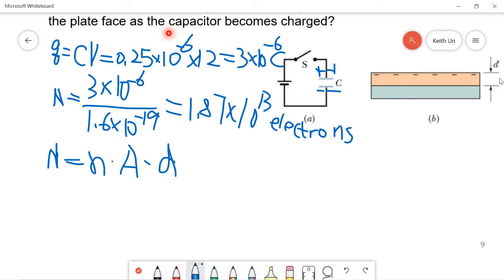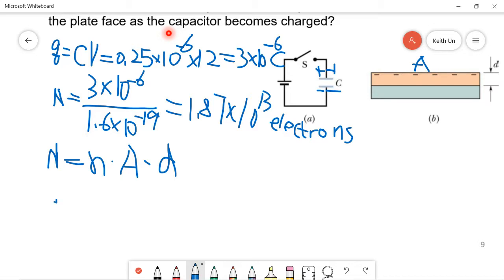This is the width, or the height the electrons need to occupy, and the surface area is A. So the total space is A times D times the density, which gives the total number of electrons, right?